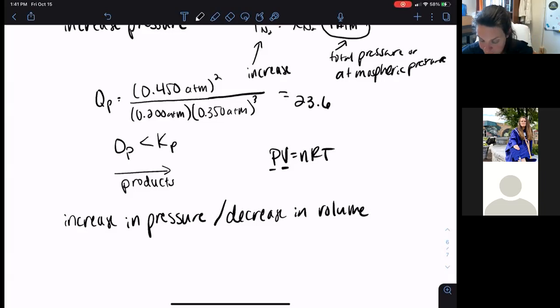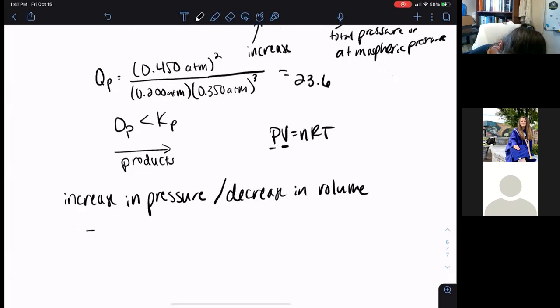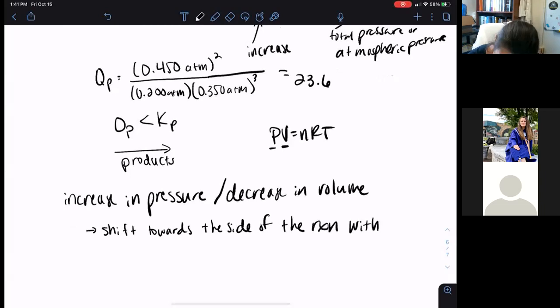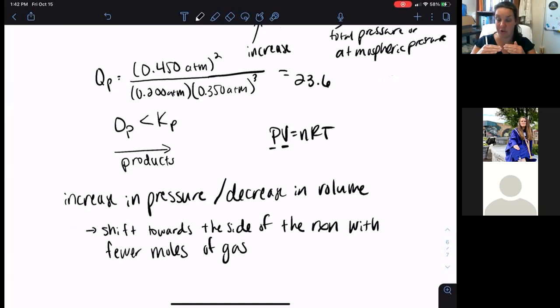So doing this will cause us to shift towards the side of the reaction with fewer moles of gas in order to get back to an appropriate ratio of pressures, because we can think of pressures just like we do concentration in the eyes of an equilibrium.